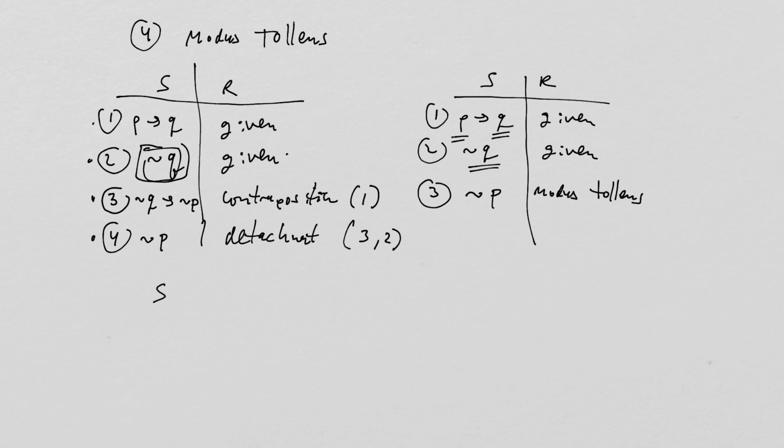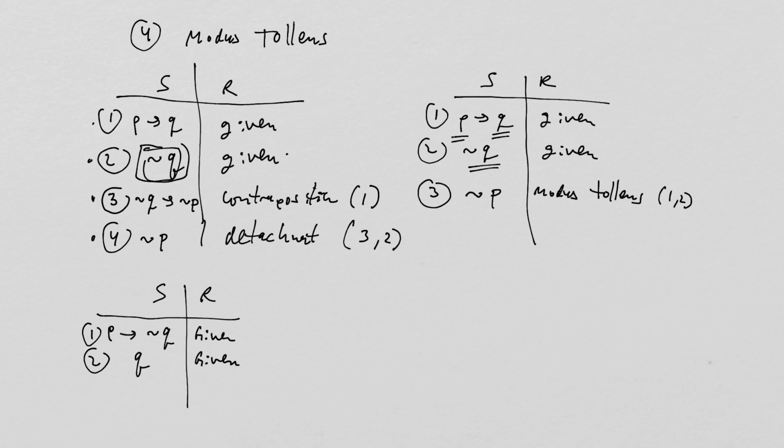Another example where we can use modus tollens is using lines 1 and 2. Just to have another modus tollens, because I don't want you to think it always has to say P implies Q. The given is any conditional, and we're also given not Q. In the next step, I have a conditional, and I have the negation of the thing on the right-hand side.